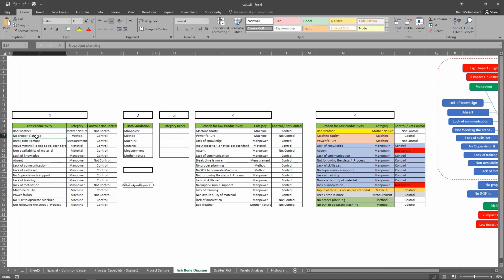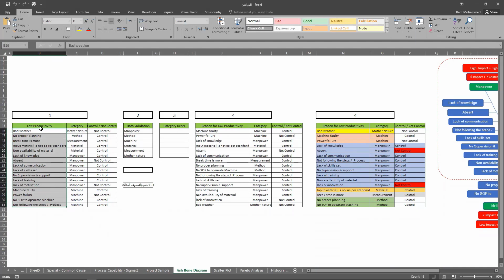There is bad weather. There is no proper planning. Break time is more. We have input material not available. Lack of knowledge, absenteeism, lack of communication, lack of skills, and so on. So we have these 16 potential X's.